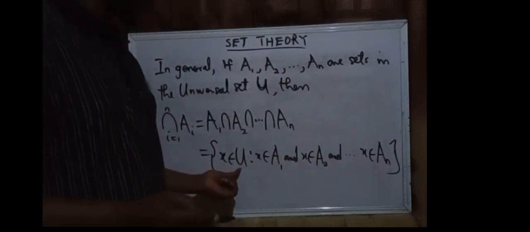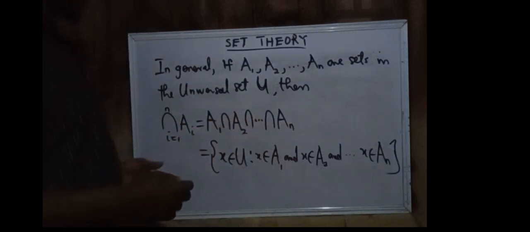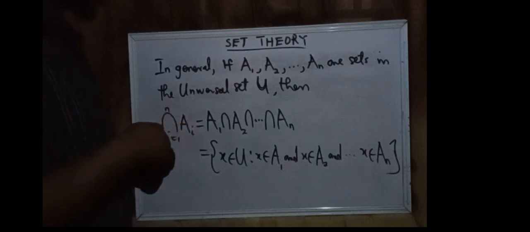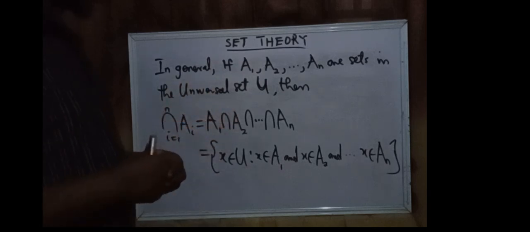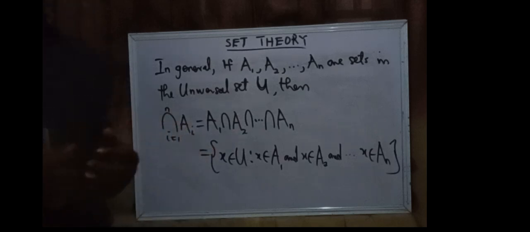So any element in the universal set that satisfies this property is an element of the intersection of these sets. This is not far-fetched to see. Having said this, let us now look at some properties of intersection of sets.